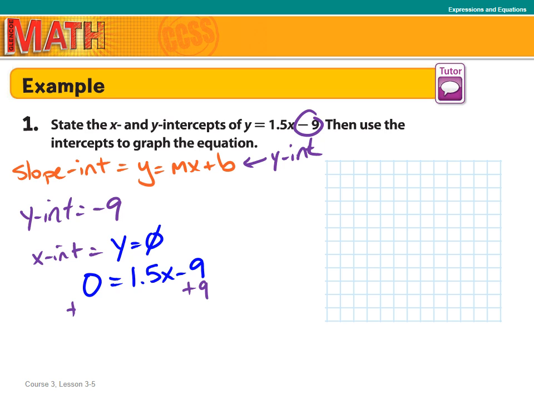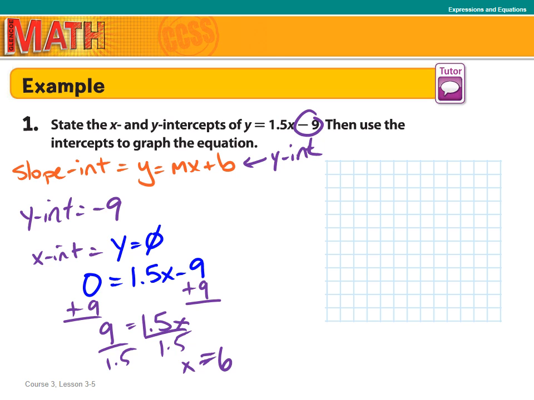We add 9 to both sides, so we get 9 is equal to 1.5 times x. Now we do our basic algebra and divide both sides by 1.5, and we end up with x is equal to 9 divided by 1.5, which is 6.